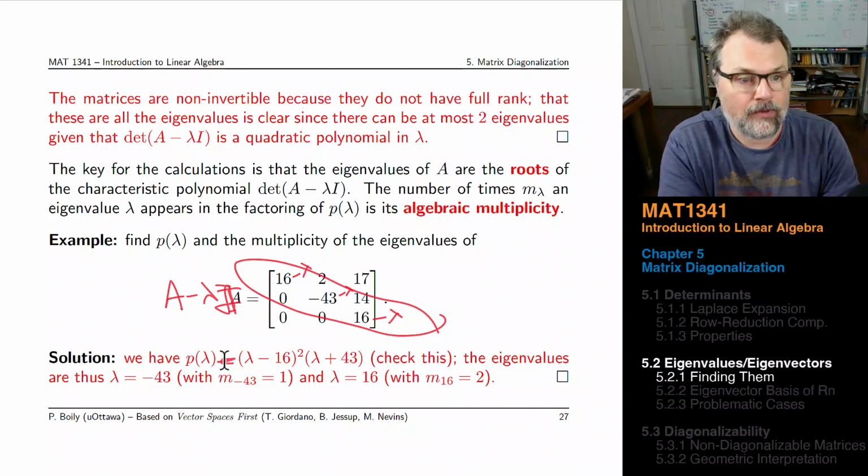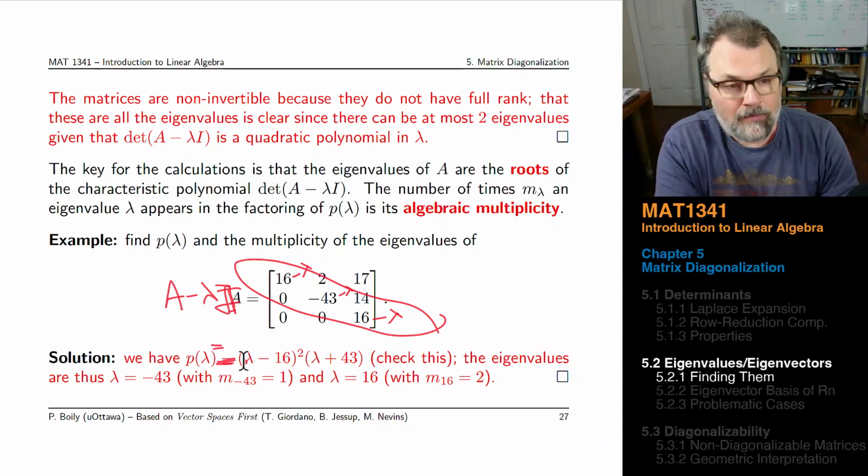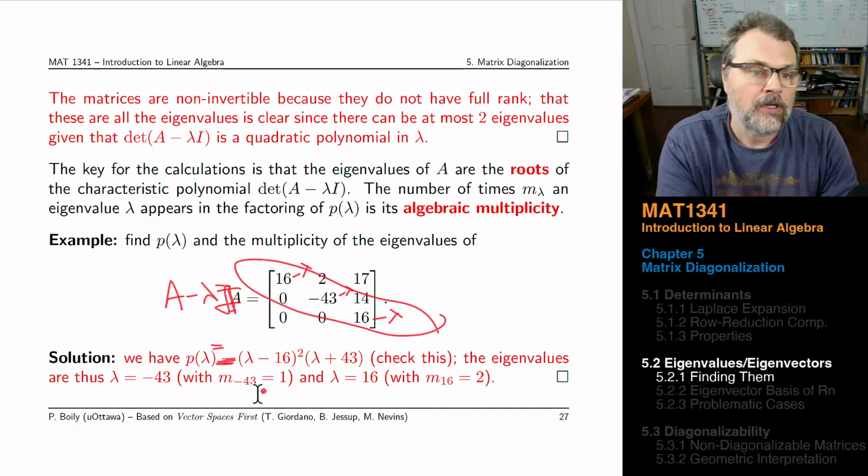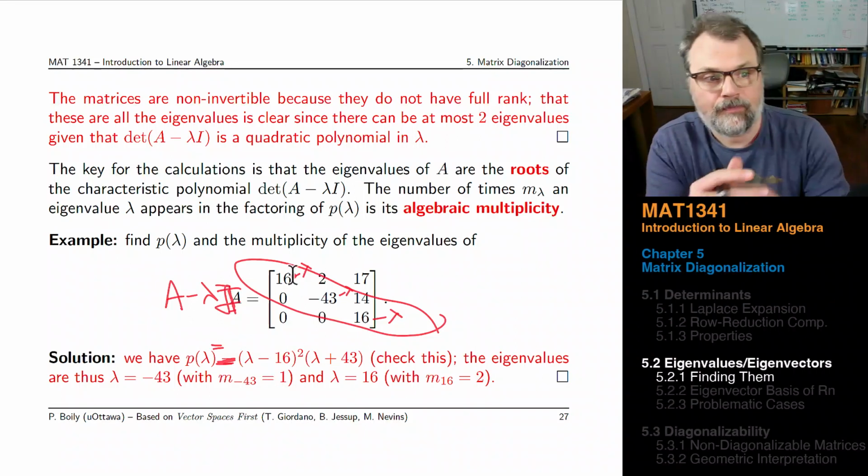Or if you'd rather, minus lambda plus 43. I've taken the minus out of this and just reordered the terms. And then lambda minus 16 shows up there twice.